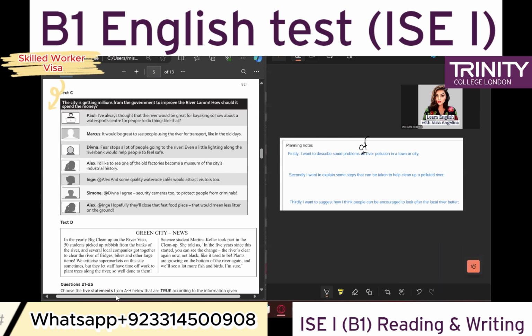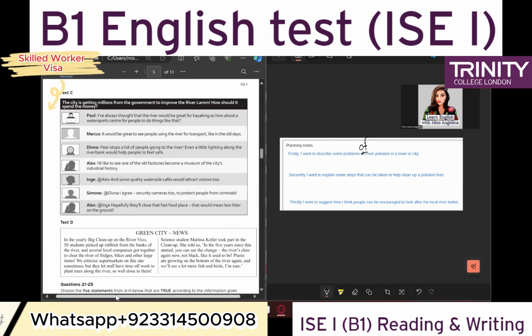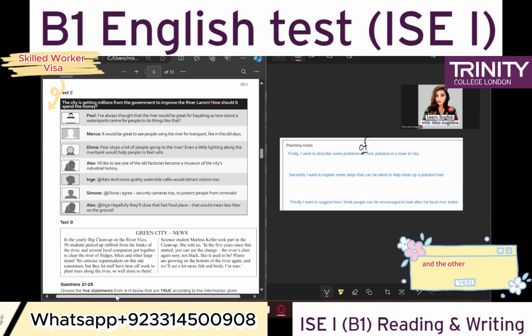Firstly, students picked up the rubbish from the bank of the river, and several local companies got together to clear the river of fridges, bikes, and other large items. And the other side is students plant trees.